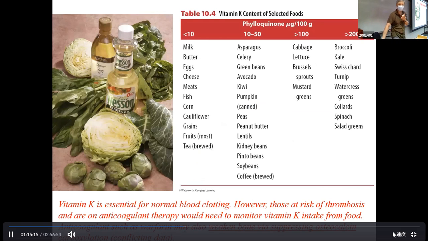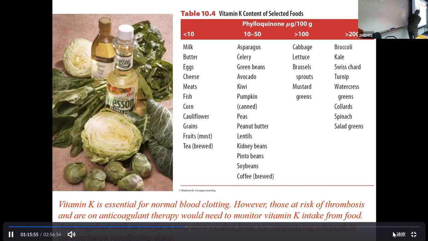You get vitamin K from a variety of food, and a lot of the green leafy vegetables contain vitamin K. So I want you to at least remember one or two of the vegetables. Now, down here is something that I want you to highlight. Vitamin K is essential for what? For blood clotting. I hope you learned this in your nutrition or physiology. However, those at risk of thrombosis and on anticoagulant therapy would need to monitor vitamin K intake from food.